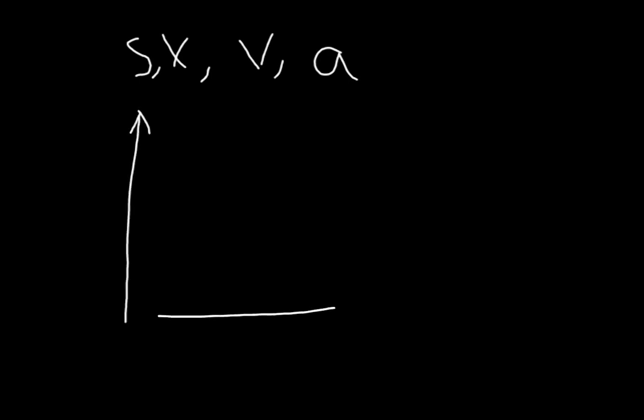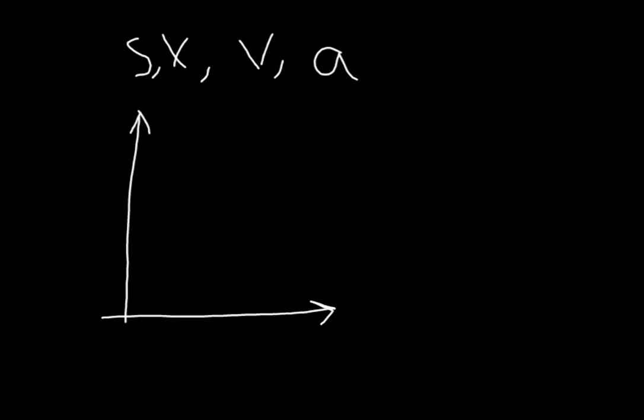Alright, now in this video we're going to be going over position, or you could say x, velocity, and acceleration graphs. These are a huge part about kinematics. And first let's go over the basic structure of the graph. So we have our y-axis and our x-axis.